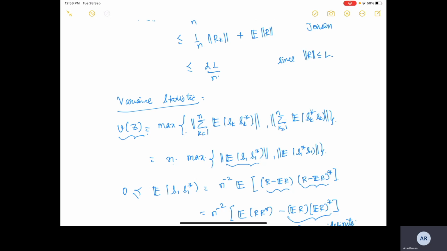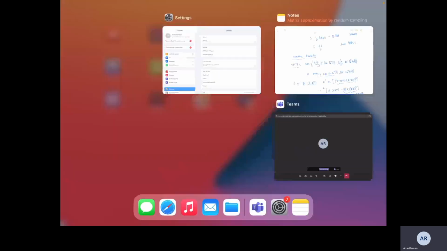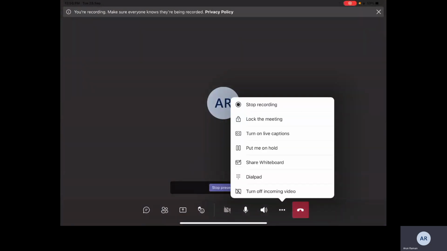Generally, for applying the matrix Bernstein inequality, the spectral norm of the matrices of the samples should be bounded, and we need to be able to write what we want to approximate in terms of independent sums. So these are the two requirements for the matrix Bernstein inequality.